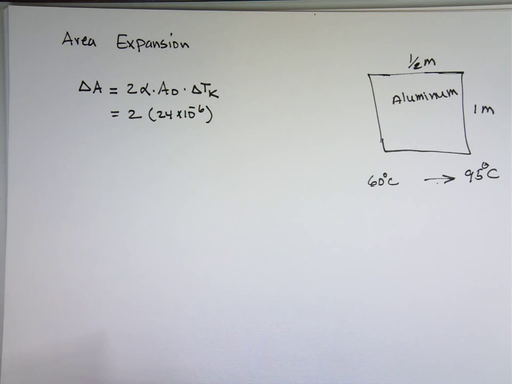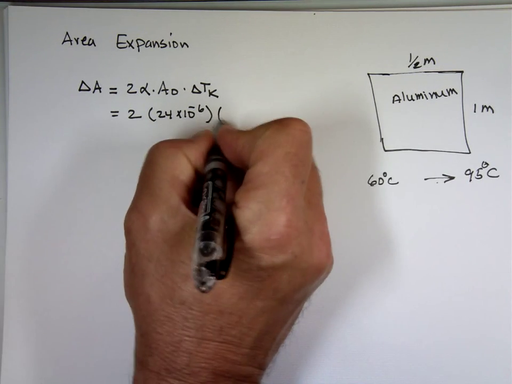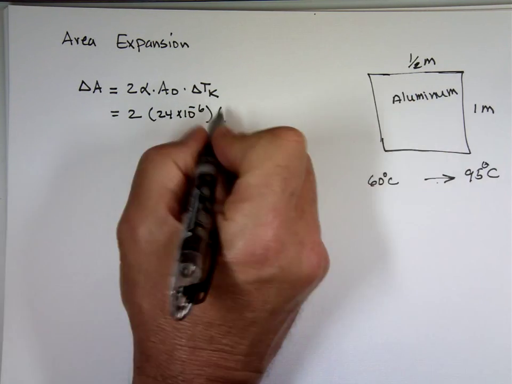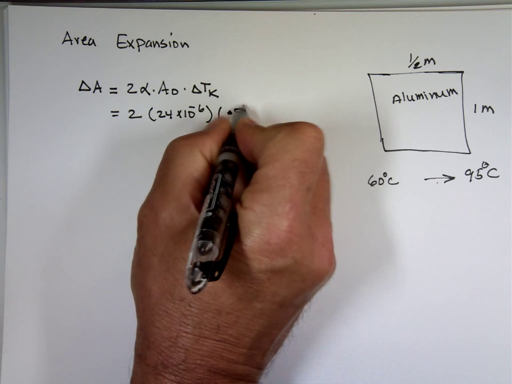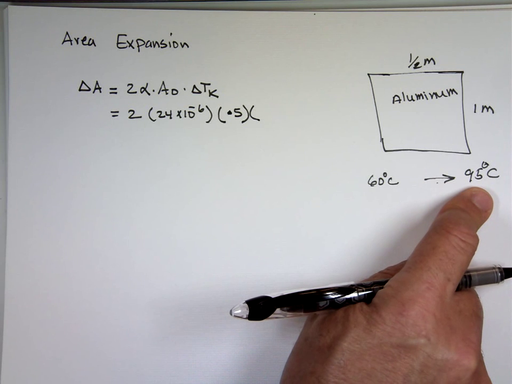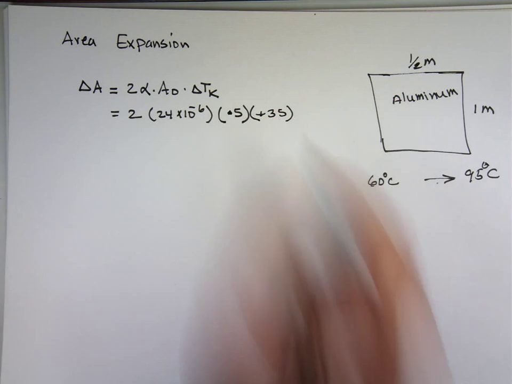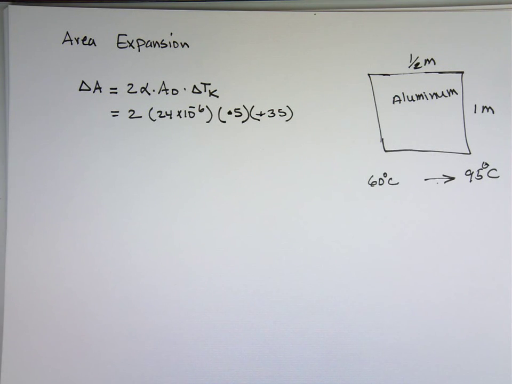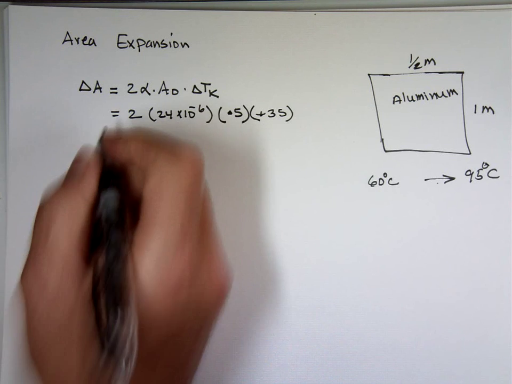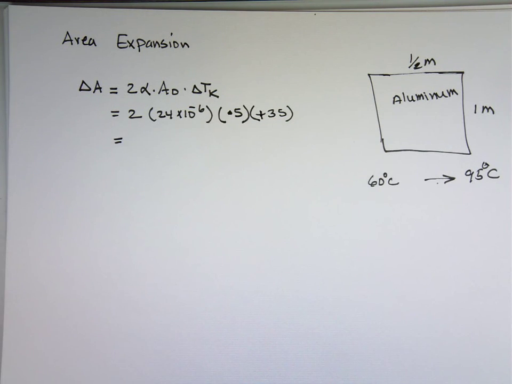And what's the original area here? Isn't that length times width? Length times width, 1 times a half, which is 0.5. And what is the change in temperature from 60 to 95? That's plus 35 degrees. That's a plus here, increase, not a drop.